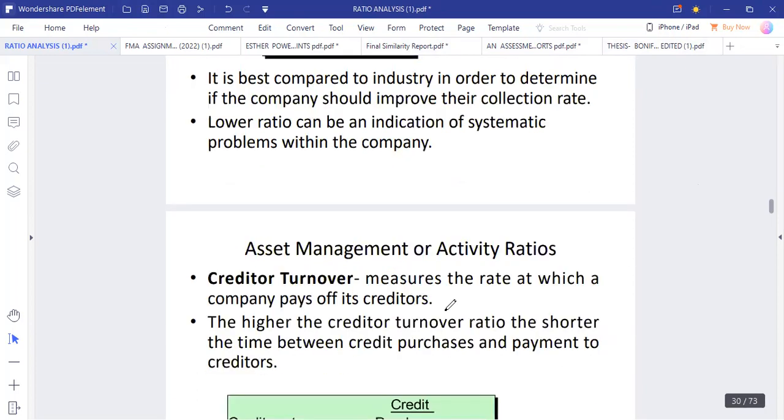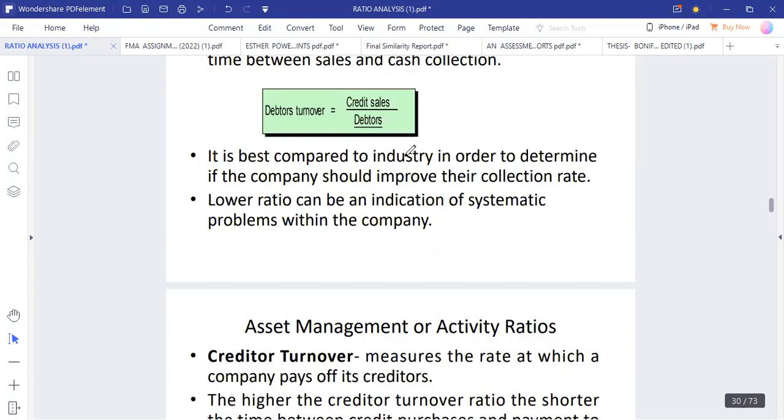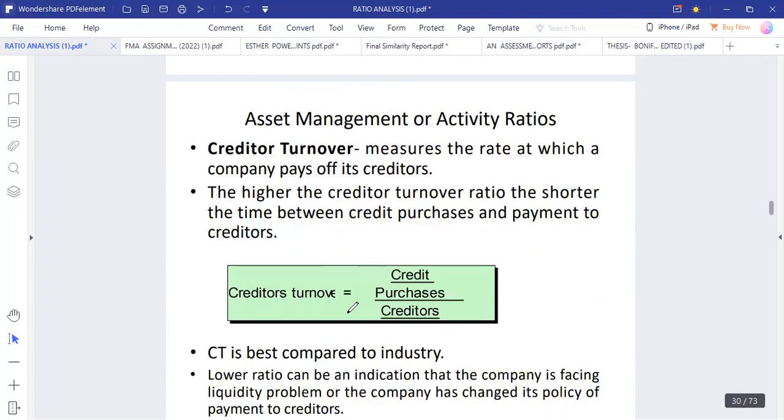Same when you're dealing with creditors turnover, it measures the rate at which a company pays off its creditors. So also the higher the creditors turnover, the shorter the time period. So these two, when you're analyzing, sometimes if they take long to pay you, it will also affect the creditors turnover because you're also waiting for monies to be paid.